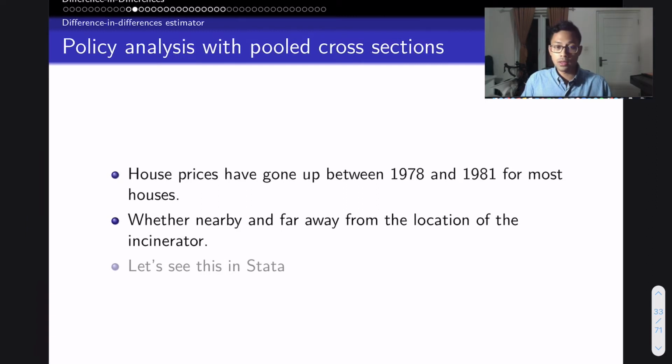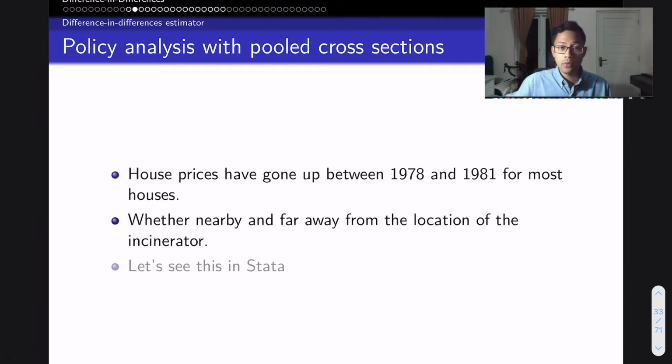You can think of houses far away from the incinerator increasing by perhaps 10% between 1978 and 1981. But houses near the incinerator are also going to have their prices increase. Now the question is whether the increase in price of houses near the incinerator is going to be just as high as the increase in prices of houses far away from the incinerator. So that's something that we want to do.